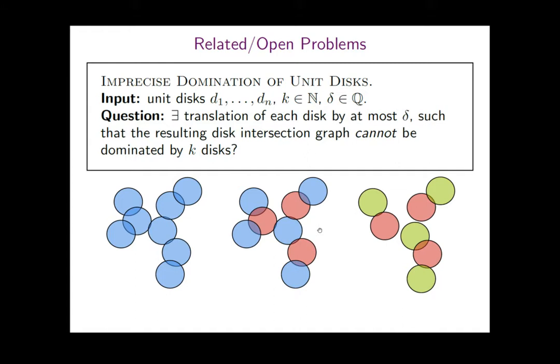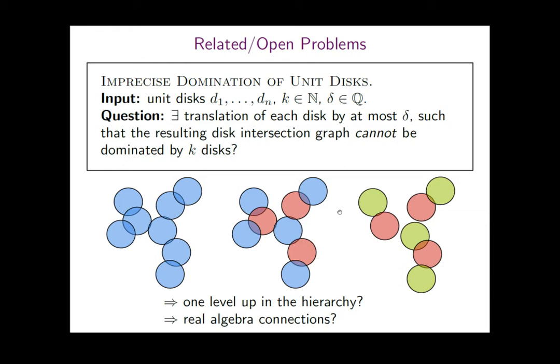So again, maybe you go one level higher in the hierarchy, but you get a more robust concept of domination, which deals with the imprecision that maybe we don't really know if these two disks intersect or not. Here you can see that this blue disk might, by a small perturbation, avoid any one of these red ones, but maybe not all of them at the same time. So picking all three red ones might be sufficient to guard this disk here.